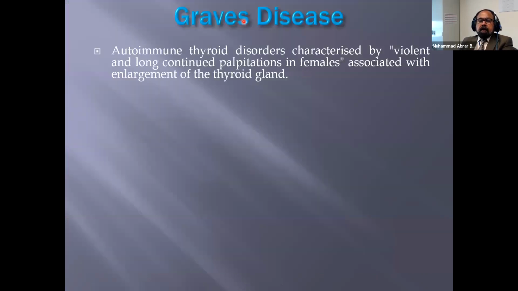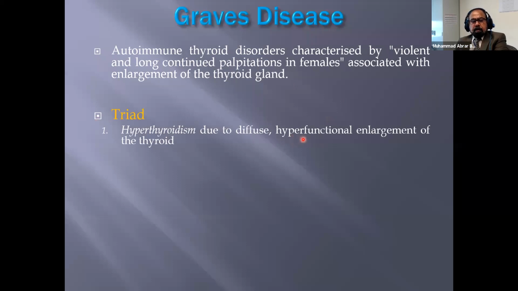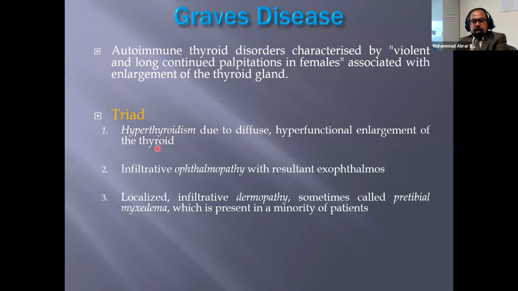Now, Graves disease is very important. As Hashimoto thyroiditis causes hypothyroidism, Graves disease causes hyperthyroidism. It is also an autoimmune thyroid disorder, characterized by violent or long-continued palpitation in a female associated with enlargement of the thyroid gland itself. It has a triad: number one, hyperthyroidism due to diffuse hyperfunctioning enlargement of the thyroid.